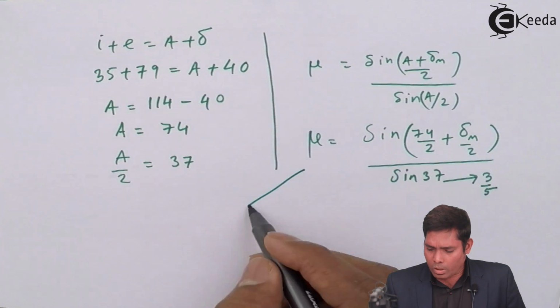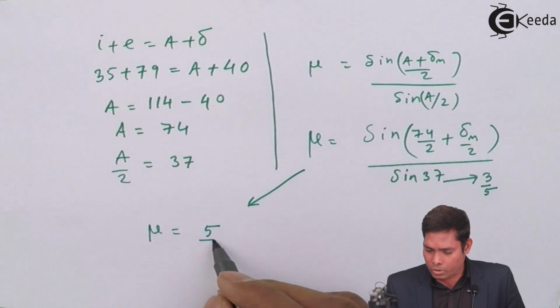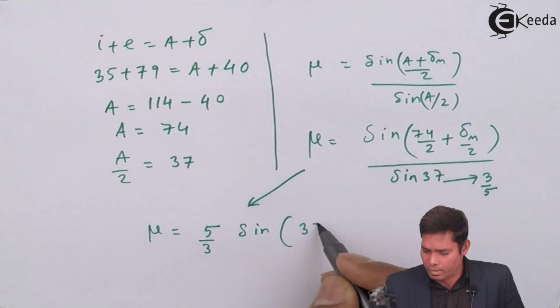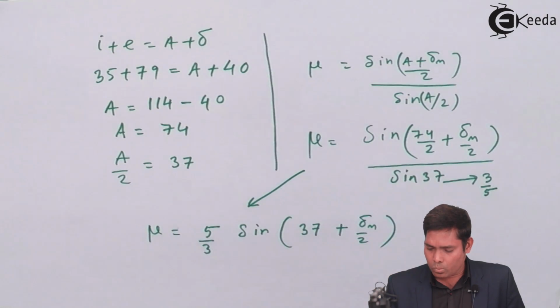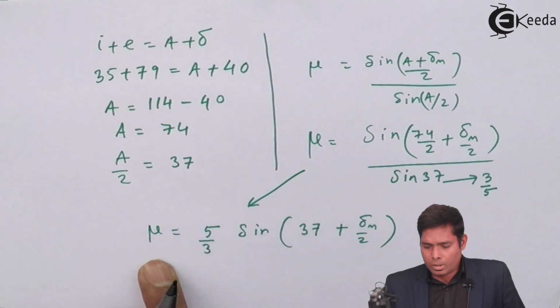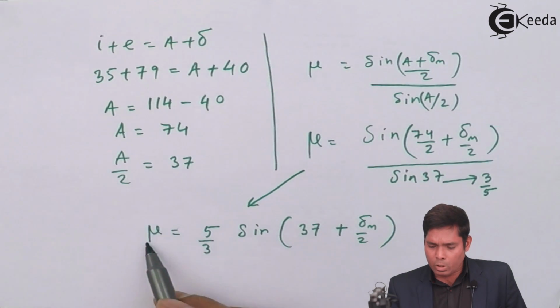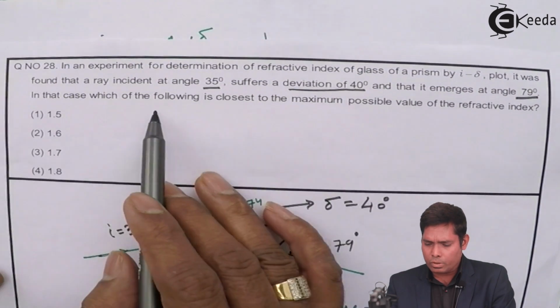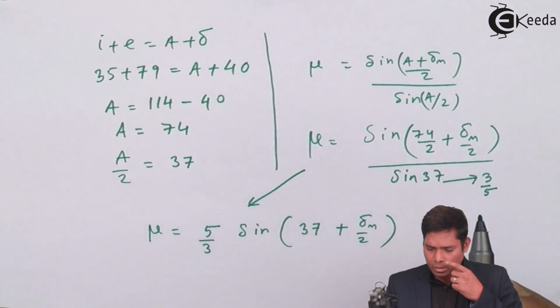Then this mu comes out to be 5 upon 3 sine of 37 plus delta m divided by 2. This is the value I am getting. So the maximum value of mu, in that case, which of the following is closest to the maximum value of the refractive index?